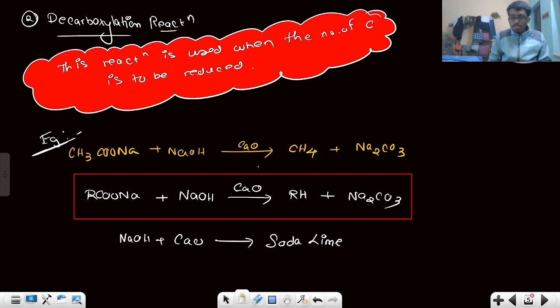When are you going to use this equation? Suppose the question is, let's take ethanoic acid, and you are going to convert it to methane. Then you have to use this decarboxylation, but not directly.